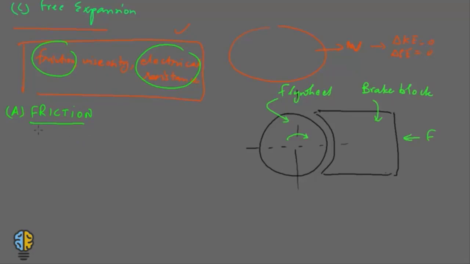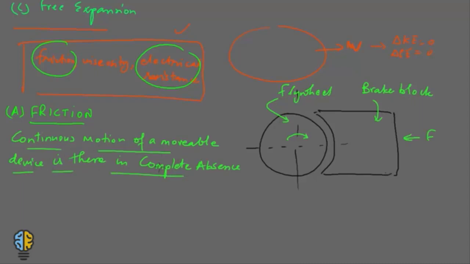So if the continuous motion of a movable device is possible in complete absence of friction, because we just talked about that you cannot eliminate it completely, you can only reduce the amount of friction that you have.